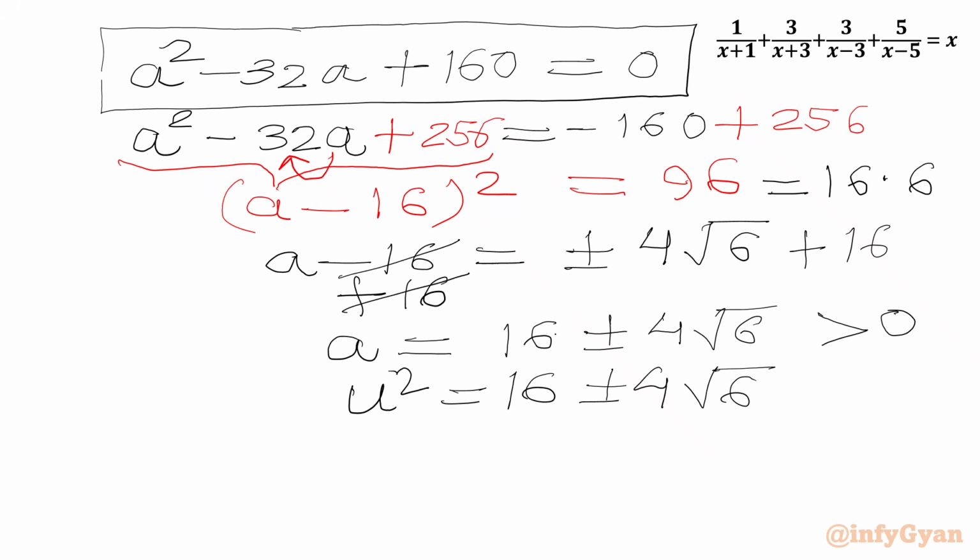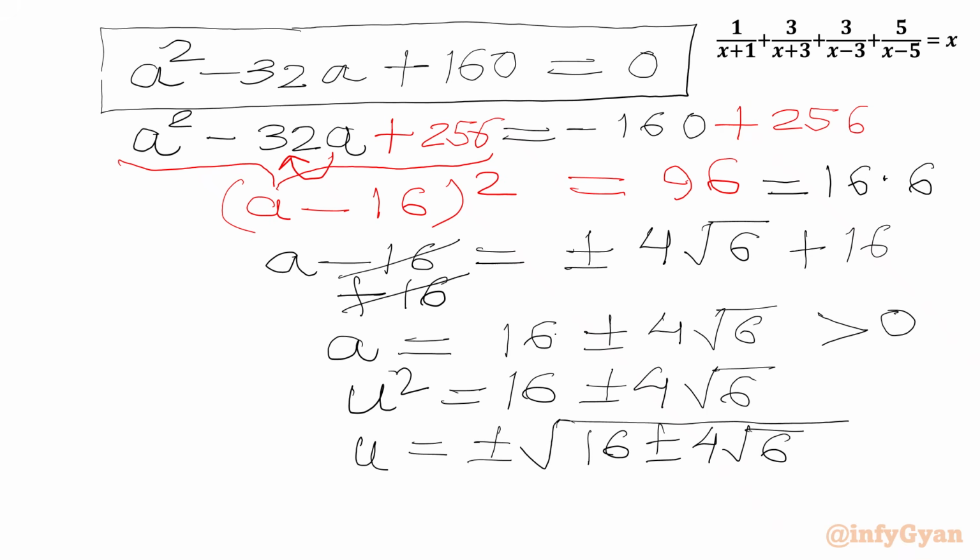Now we'll take the square root once again. u will be equal to plus minus square root of 16 plus minus 4 square root 6. Now we can take 4 common from inside, so it will come out as 2. So plus minus 2 times square root of 4 plus minus root 6.